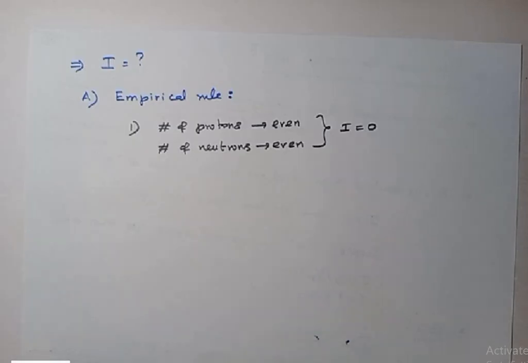If both are even, then the nucleus has an I value equal to 0.